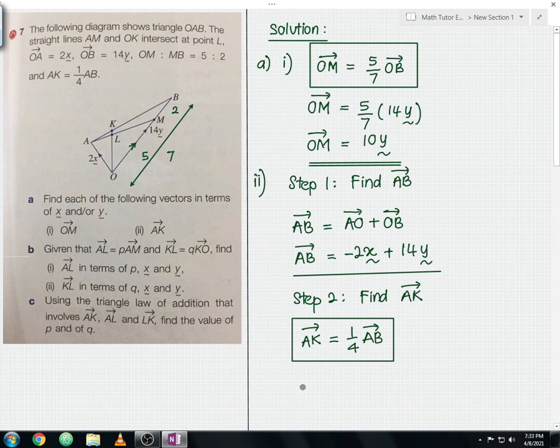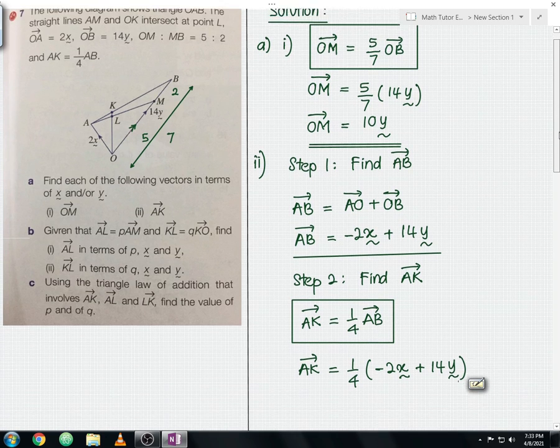So from here, let us continue to find the vector AK. Vector AK is equal to 1 over 4 times negative 2x plus 14y, close bracket.